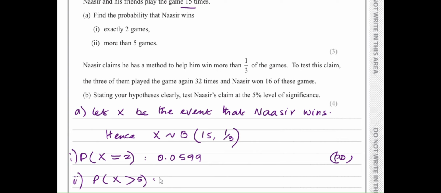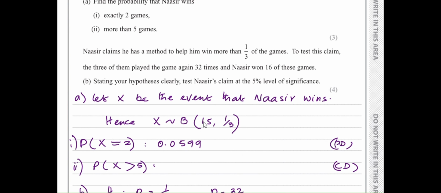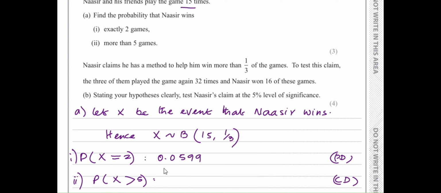So in this case, it will be cumulative distribution under binomial distribution. Okay, so if you put the same criteria there, that is 15 for the number and 1/3 for the probability, then in the calculator we get 0.3816. So these are the two probabilities that the question is asking.